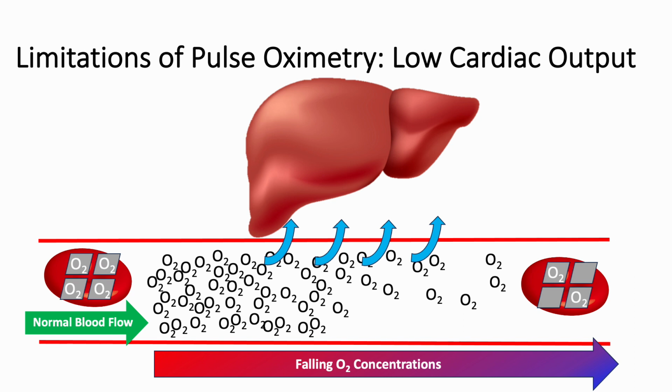For reference here, we see a situation where there is sufficient flow and sufficient oxygen to supply the entire pictured organ here, represented with the liver. We can see on the left that the fully oxygenated hemoglobin flows through this capillary bed and is offloading oxygen, and even by the time it completely passes by the organ, there's still some excess oxygen left.